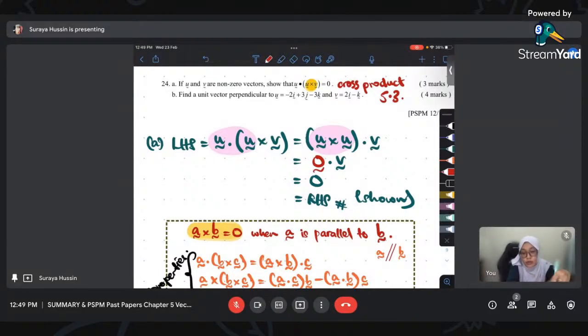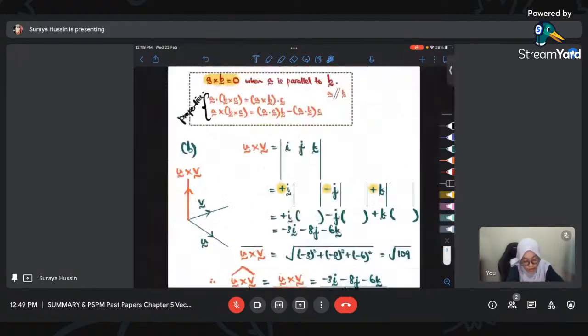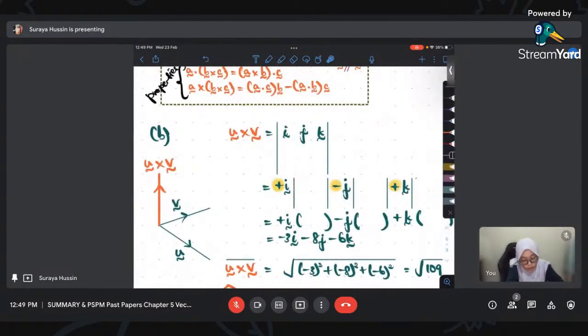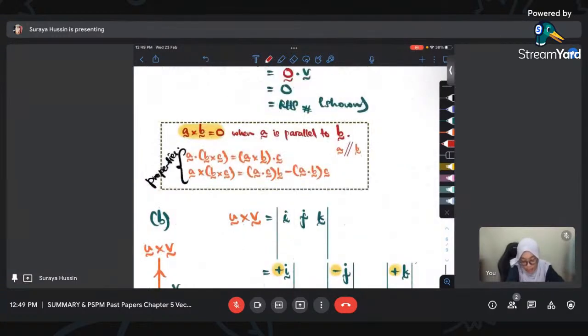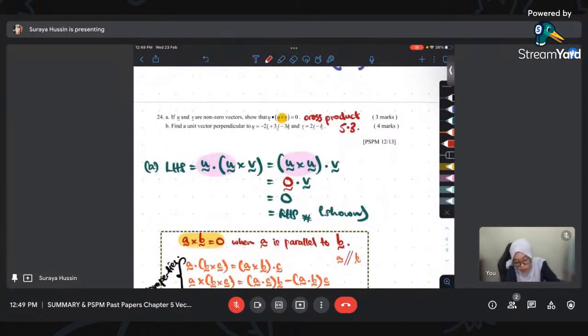So this is just I go through, okay. And so you will get zero vector juga. And so it's equal to the right hand side. Very easy.